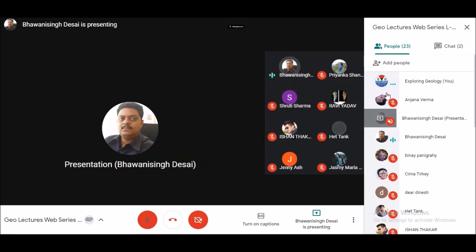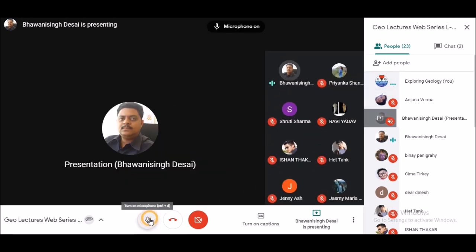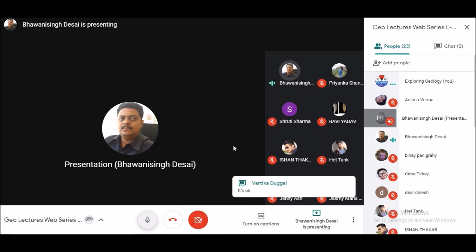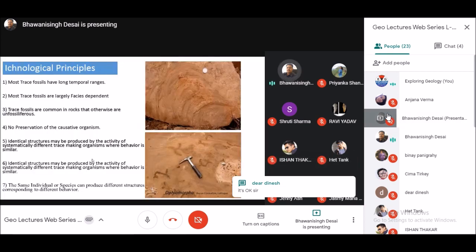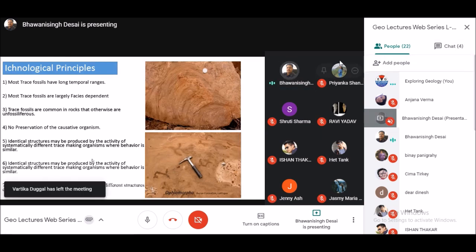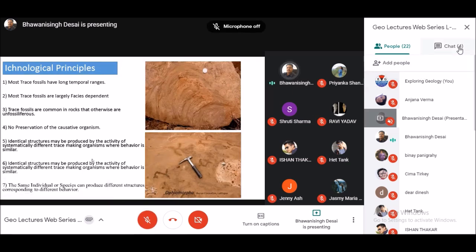Before using this tool for sedimentary depositional environment, we must understand a few principles. The first principle: we use body fossils for recreating biostratigraphy. Unfortunately, we cannot use trace fossils to recreate biostratigraphy, because they have very long temporal ranges.